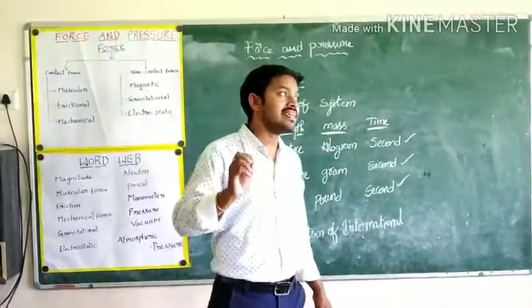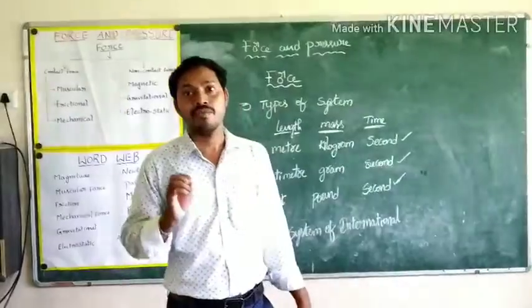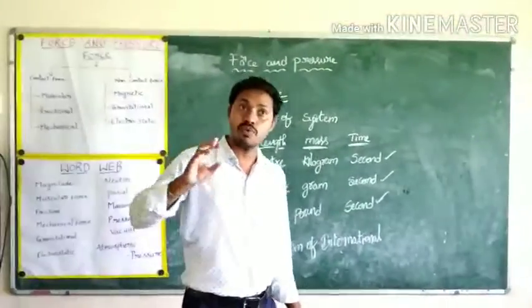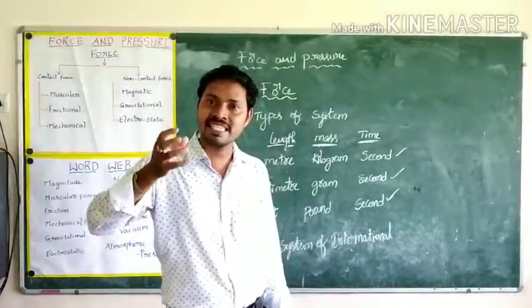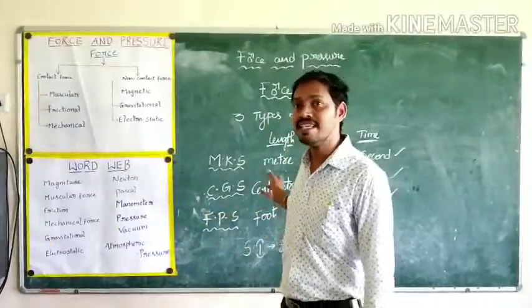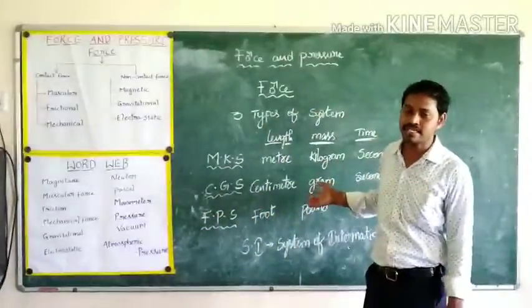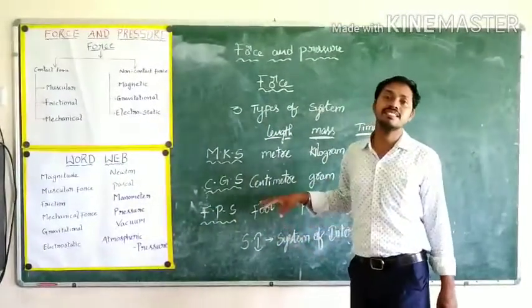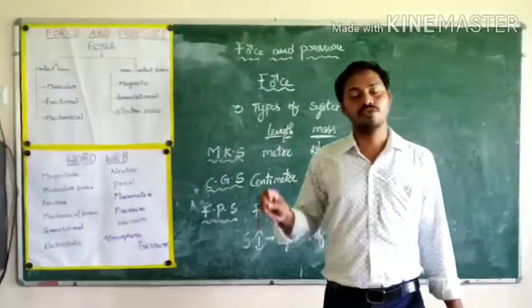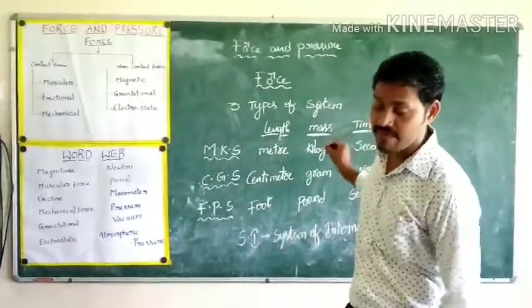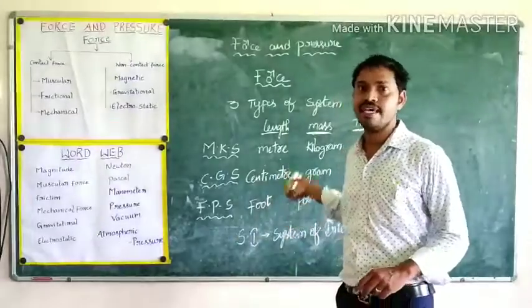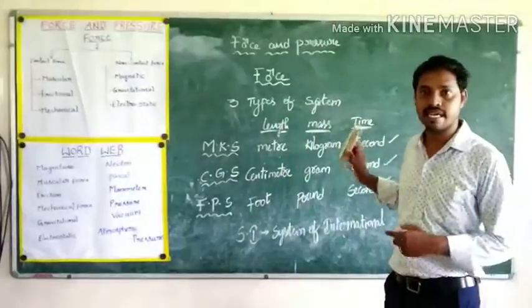So, to measure a physical quantity with the same unit worldwide or internationally, the SI system was developed. We are using the SI system in our lessons, so that's why I have just given the introduction for the SI system. Okay, is it clear, students?